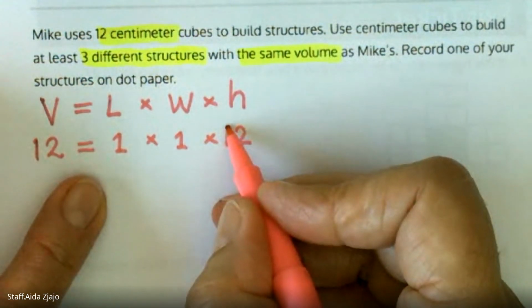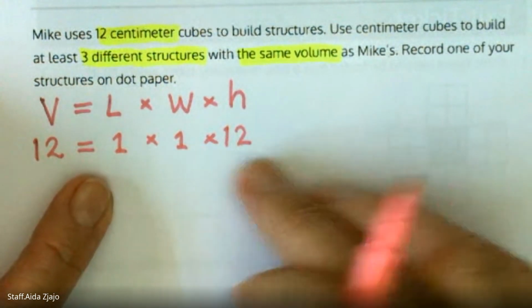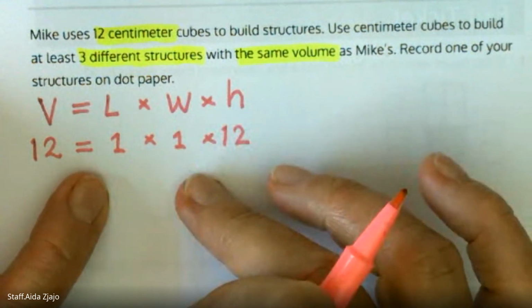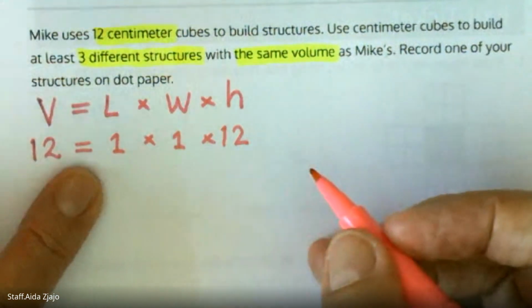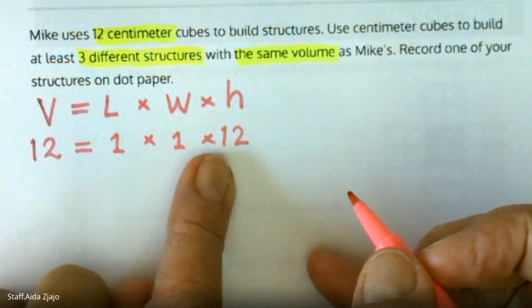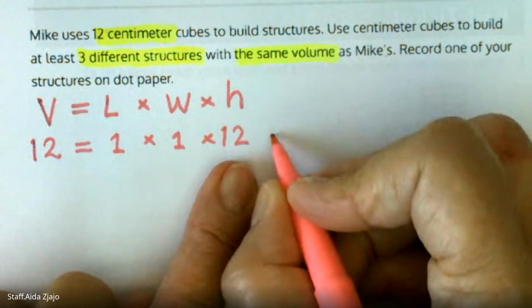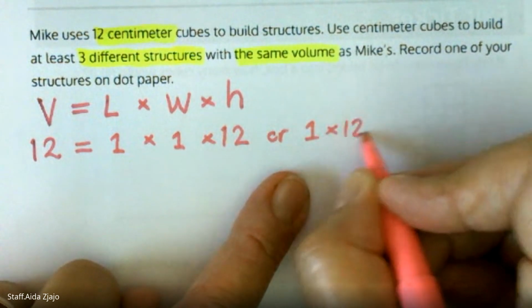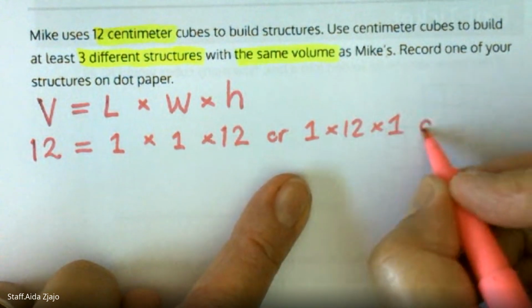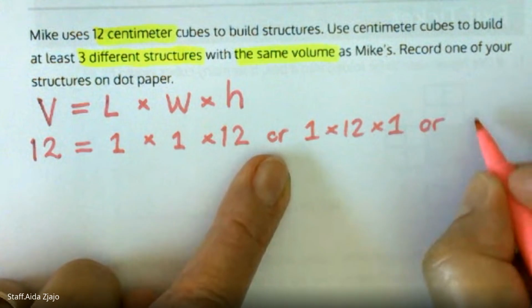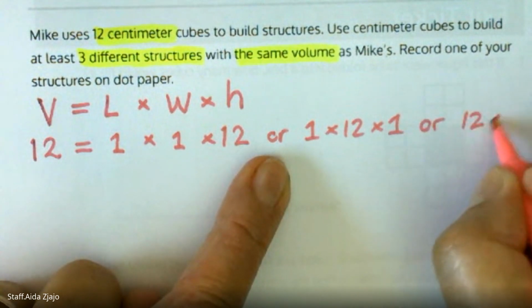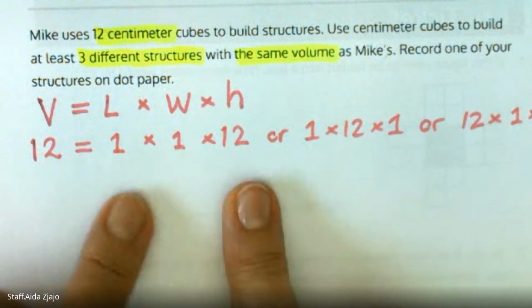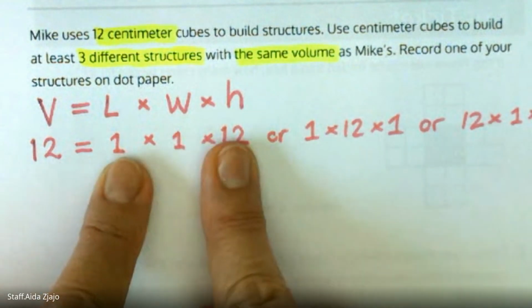So there are also different positions. Either the length, width, or height could be 1. So this is just 1 by 1 by 12 centimeters, or I can do 1 times 12 times 1, or 12 times 1 times 1. Either way, this is length with height.